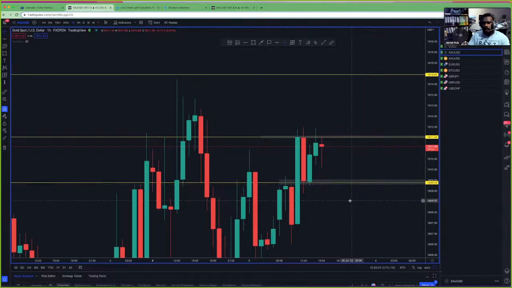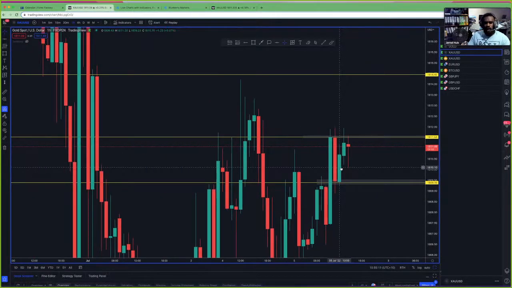We have less than 5 minutes until this 1 hour candle closes. What I'm thinking is, if we close above 1811.50, what is the probability that we can have volume pushing price above, breaking through this resistance area? Wait, let me bring this.